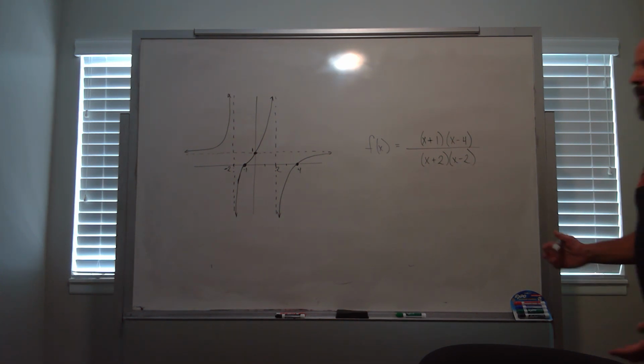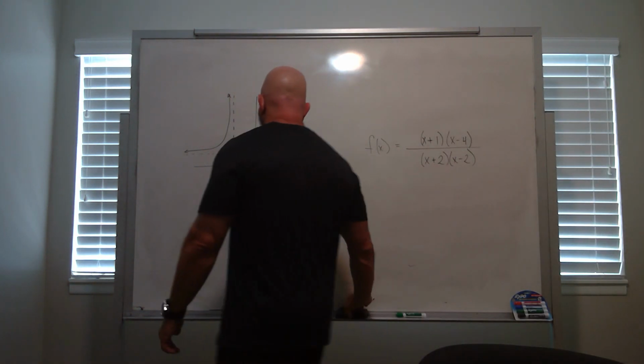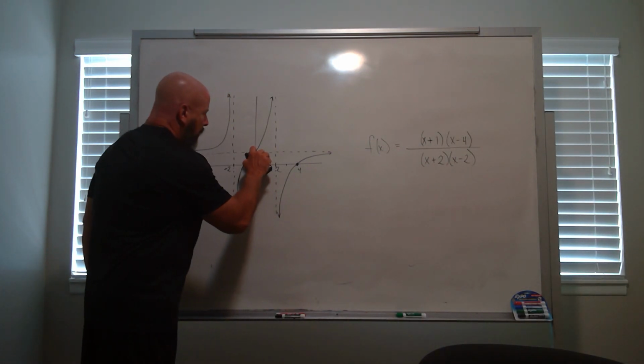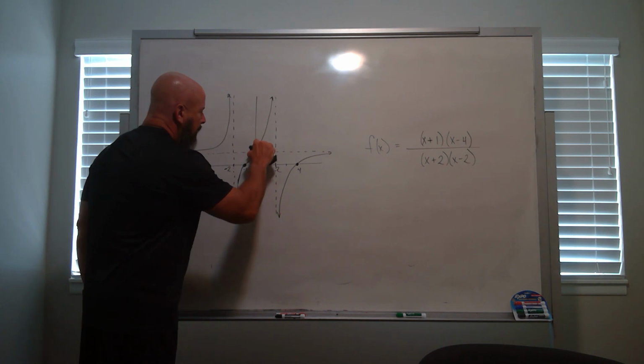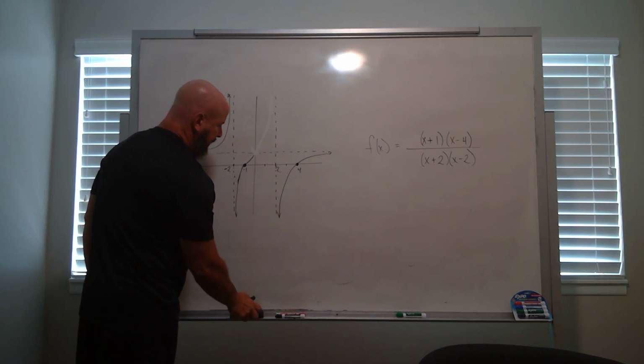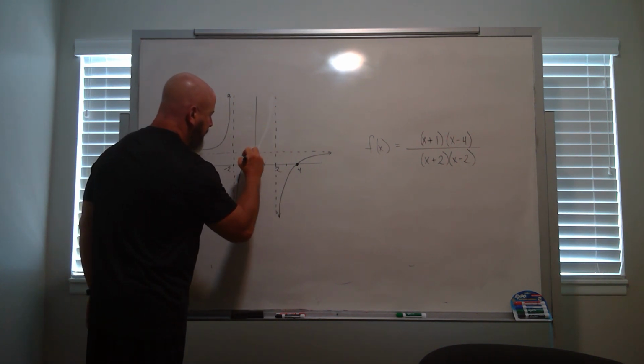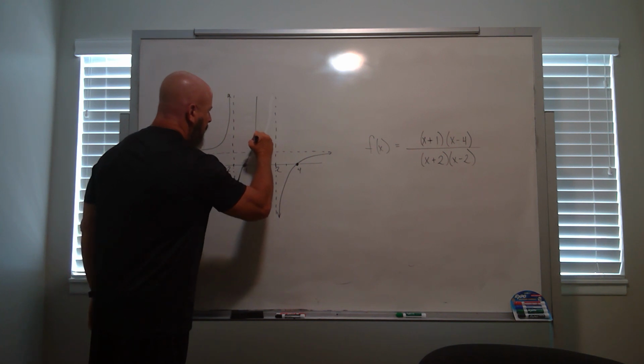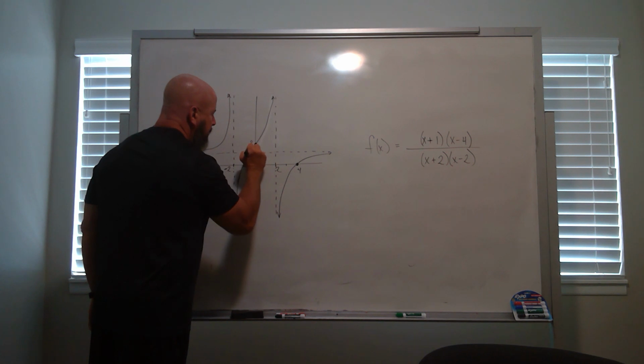Now, let's say, I'll make a little change here. What if, I'm not going to change all the asymptotes and stuff, but what if I made this graph come up and cross at 2? So I'll make that guy a 2.